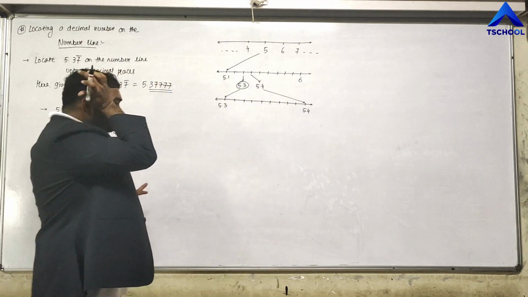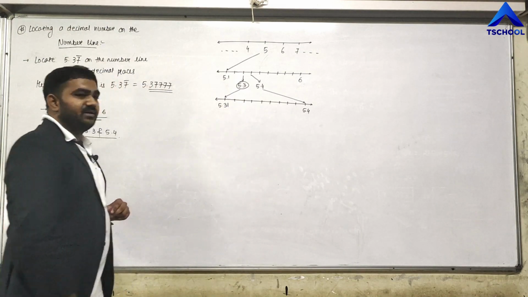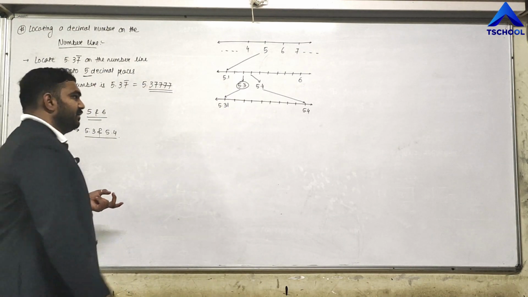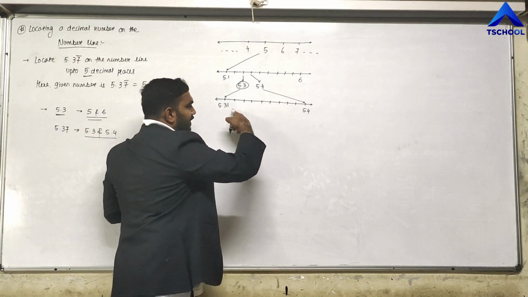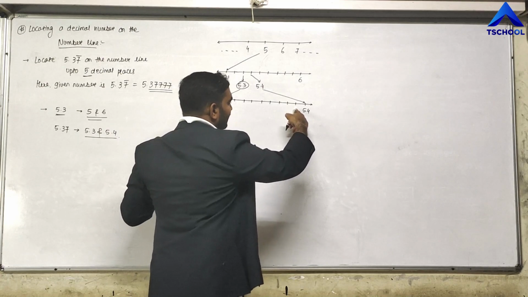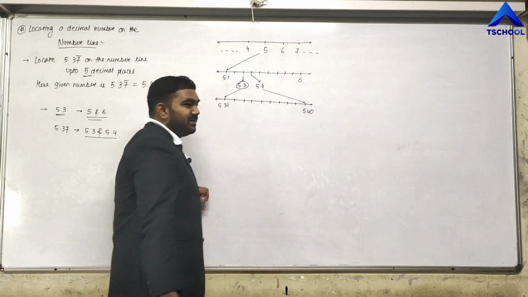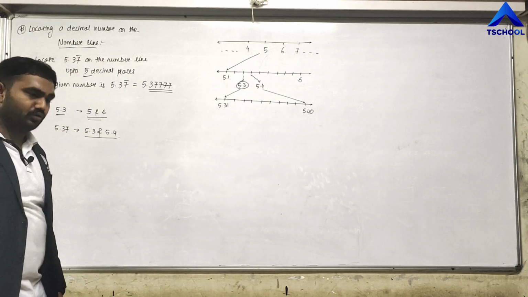Right? Sorry, not 5.3, this will be 5.31. You are going to take the next place. So 5.31, 5.32, 5.33, 5.34, 5.35, 5.36, 5.37, 5.38, 5.39 and 5.40, or you can simply write it as 5.4 also.